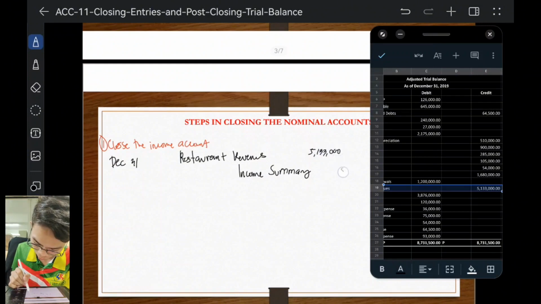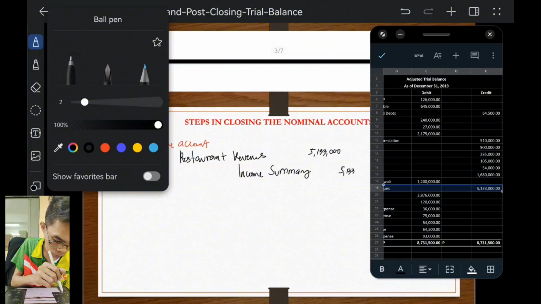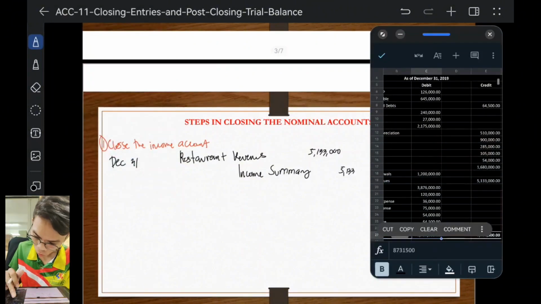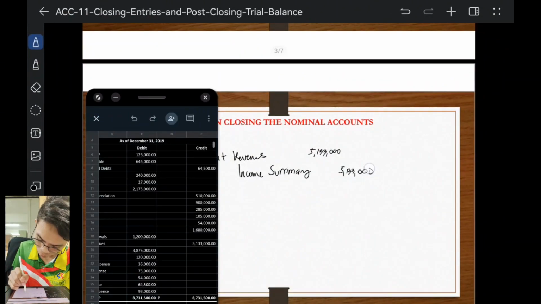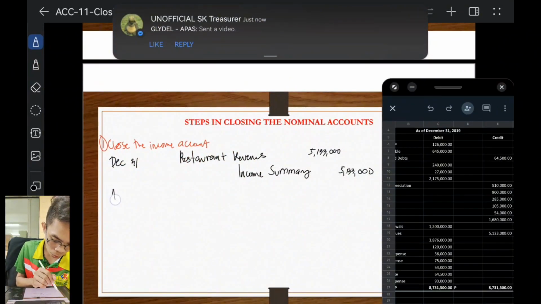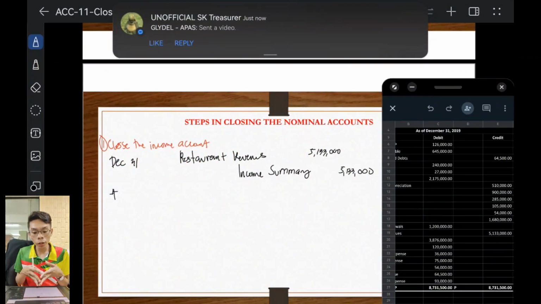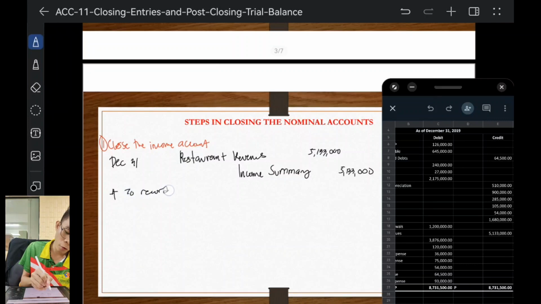So credit income summary 5,133,000. Okay, and that's it. This is to record the closing of the income account. So that would be it for the income account.